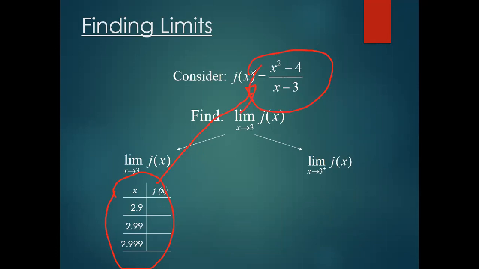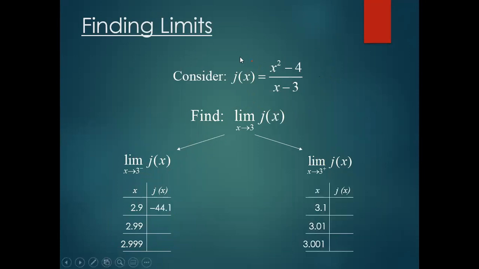And that would give us, wait, I'll just erase. When we substitute that, it becomes negative 44.1, negative 49.4, negative 499.4. Okay. On the left, it does not exist.